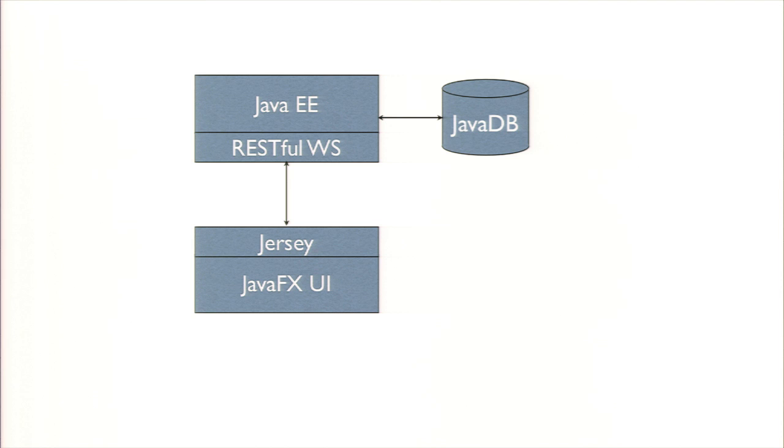In addition to providing a web interface, this Java EE application also has a RESTful interface. I'm using that and wrote a client using JavaFX. For communication with the RESTful web service, I'm using Jersey. So that's basically it. It's a simple application, but as you can see, it's already representative for how you would do a business application.